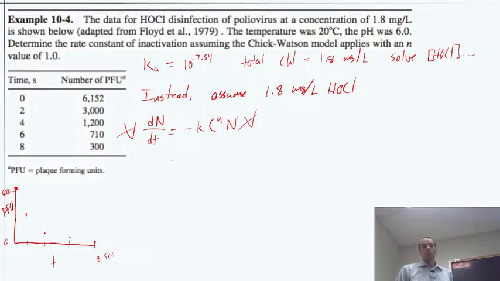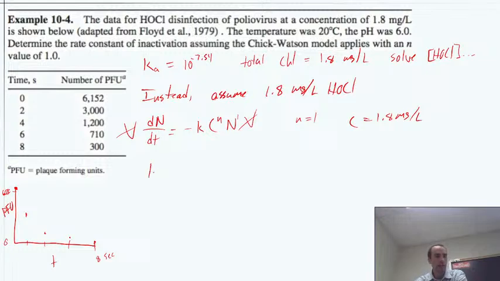We do pretty much what we have done many, many times. Separate these, integrate them, remembering that c to the n is a constant and n is equal to 1 there. So c is going to be 1.8 milligrams per liter. And really, we just need to solve for k.